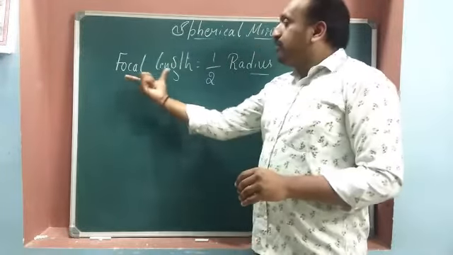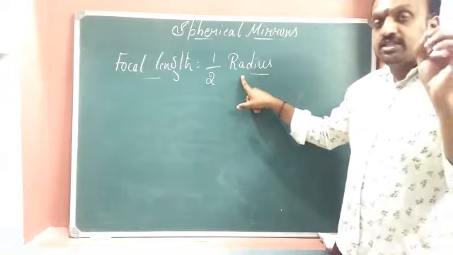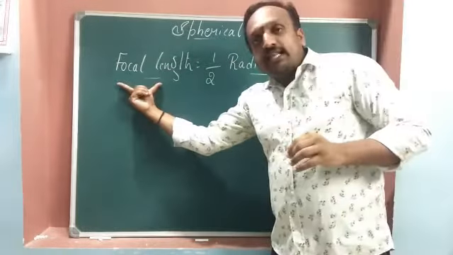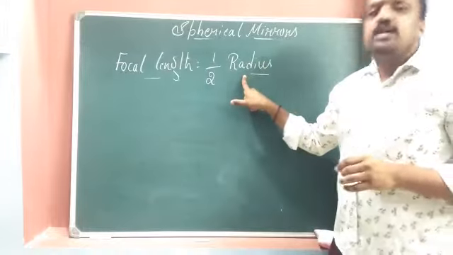Now observe, the focal length is half of the radius of curvature. So this is the standard one that you should remember always. This focal length will always be half of the radius of curvature.